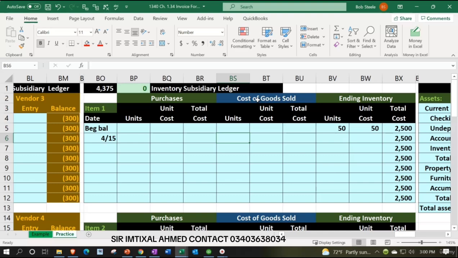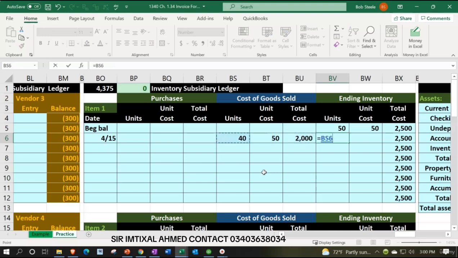We're going to say we're going to sell 40 units at $50. Multiplying that out, that means it's going to be 40 times 50. That's not the sales price, that's the cost. So that means that the ending inventory after we're done with this means we're going to sell 40 units at $50.